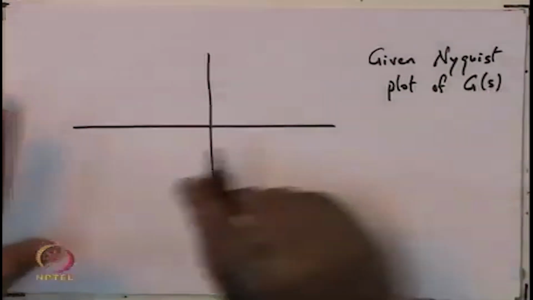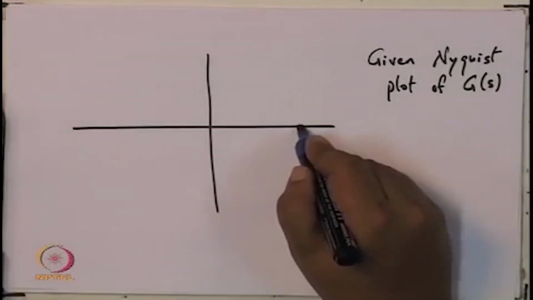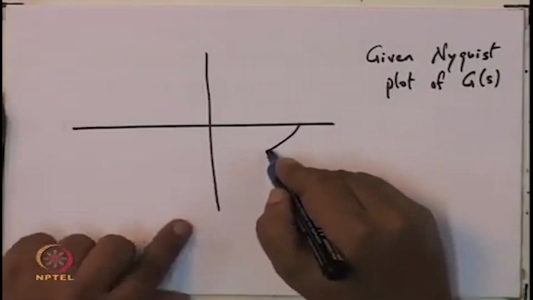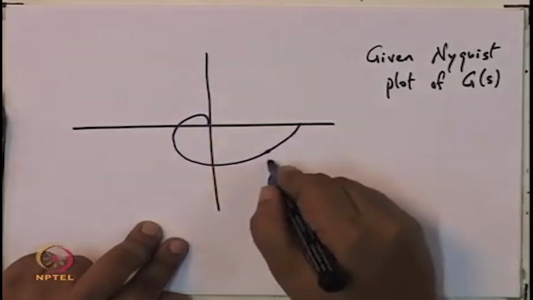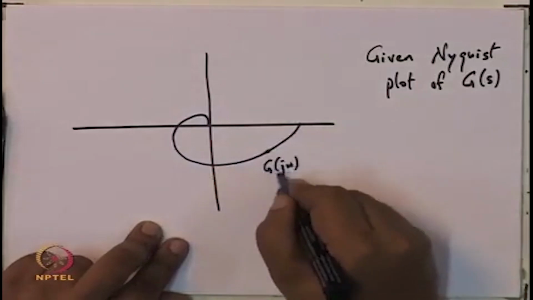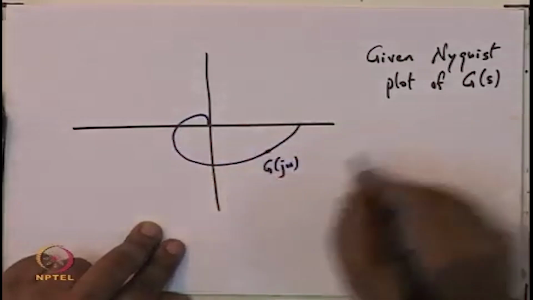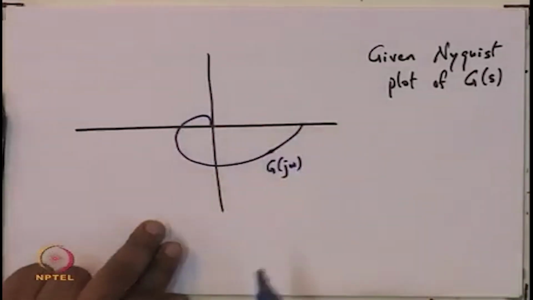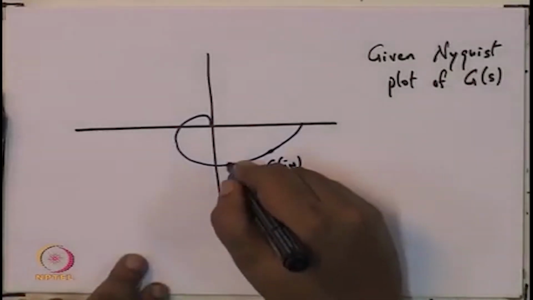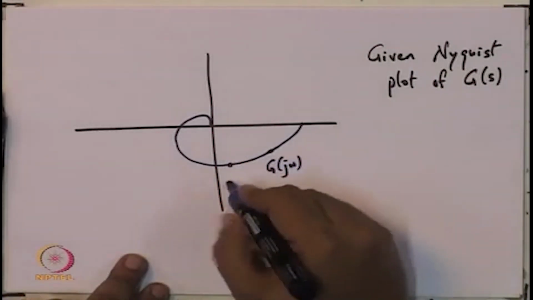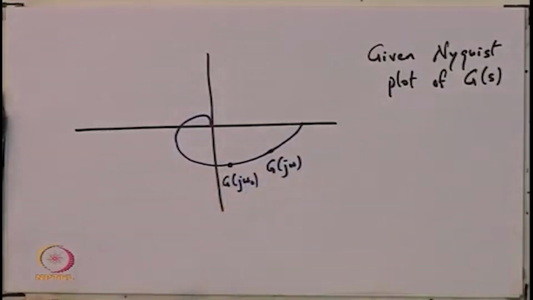So, maybe we have something like that. This is G j omega. At various omegas we have evaluated G of s and plotted that, which is the Nyquist plot. Let us take some particular point here. This is, let us say, G at j omega naught.